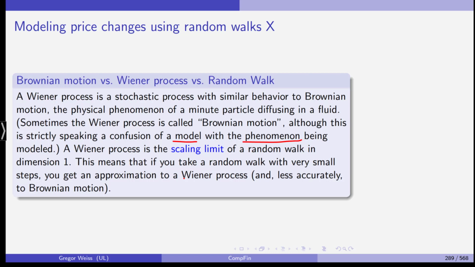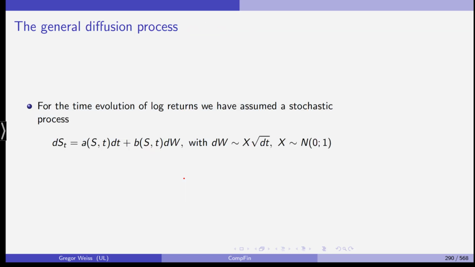Okay. So we've now assumed a stochastic process in the form that the changes in the stock price, or in the log stock price, are given by a function A. This is the drift.